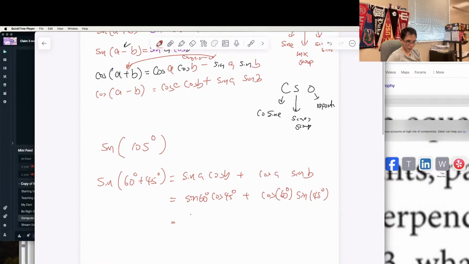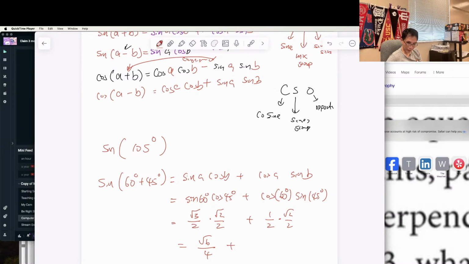That's equal to square root 3 over 2 times cosine of 45, which is square root 2 over 2, plus 1/2 times square root 2 over 2. So it'd be square root 6 over 4 plus square root 2 over 4. So it'd be square root 6 plus square root 2 over 4. Do not oversimplify. This is a perfect answer.